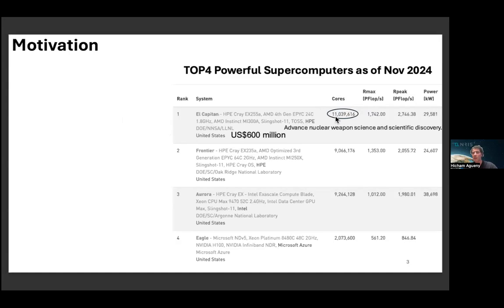These cores are actually a mix of CPU cores and GPU cores, and it delivers a performance of more than 1,700 petaflops. That's about an exaflop, a billion billion flops. Building this system has cost more than 600 million. So it seems it's a good business. The purpose behind building this supercomputer is to advance nuclear weapon science and scientific discovery.